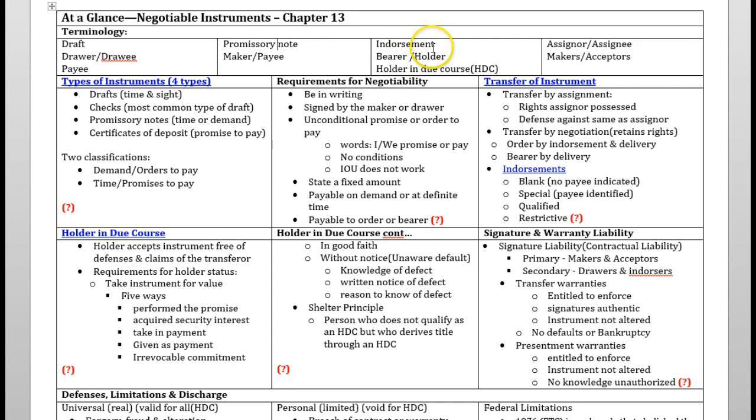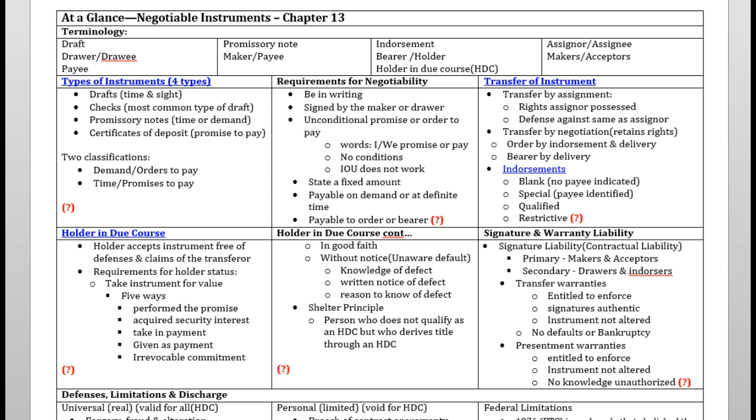Then we have something called endorsement, and endorsement is simply your signature on a negotiable instrument. It just states you are who you are and assigns the ability to use that instrument. You have a bearer or a holder, and those are similar.